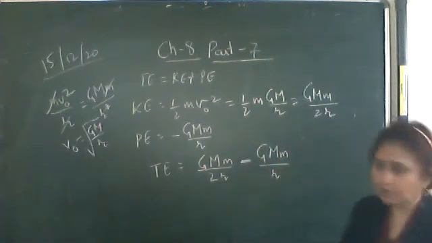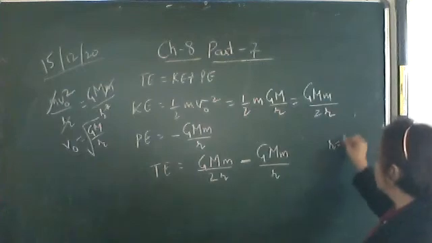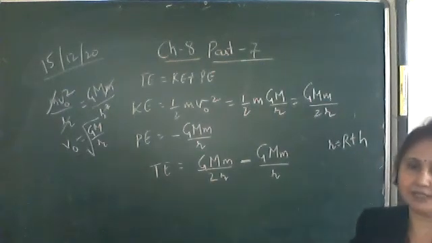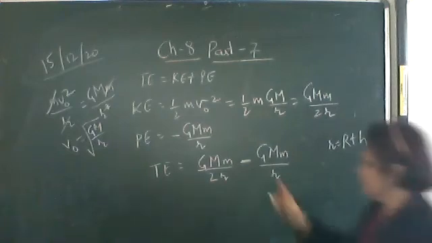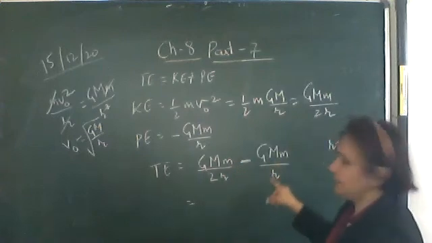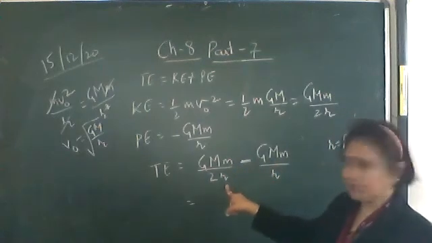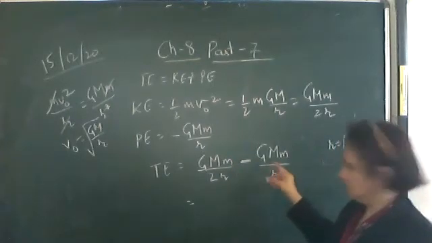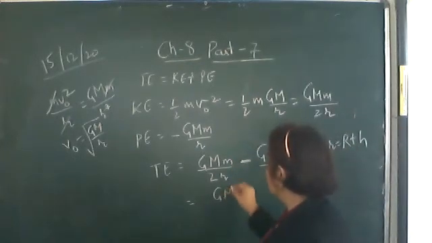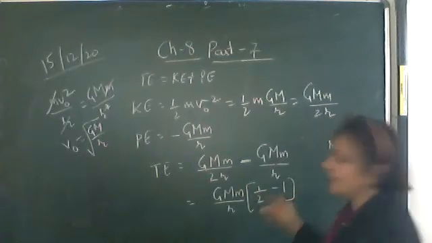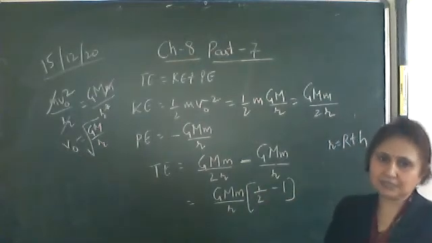R is the orbital radius, where r is equal to the radius of the Earth plus the height above the Earth's surface. On simplifying, take this GMm upon r outside the bracket; inside the bracket, half minus 1, and half minus 1 is minus half.